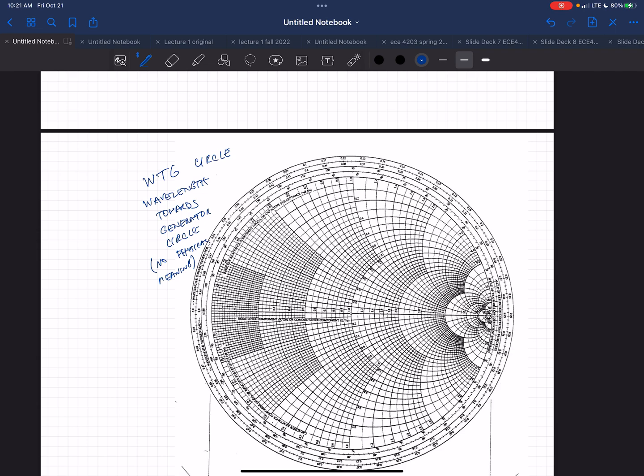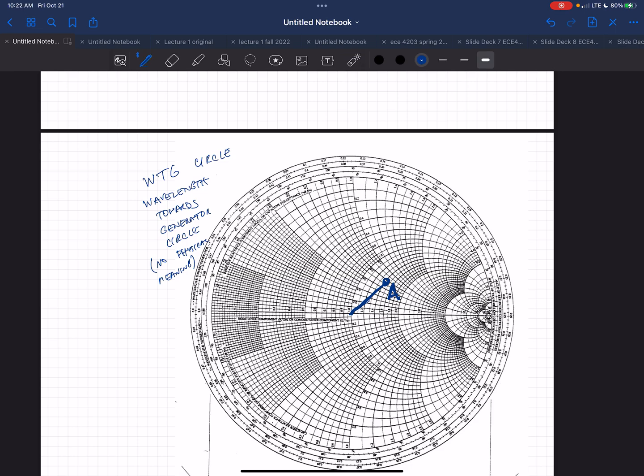So for the sake of discussion, let's say this was my initial point A. I would draw a line.